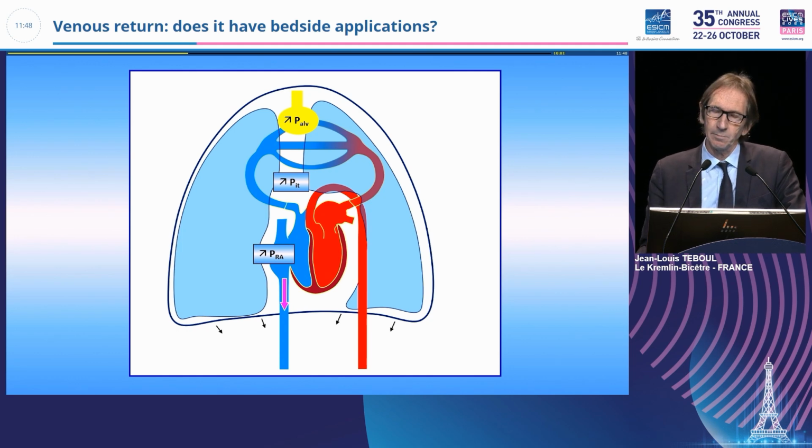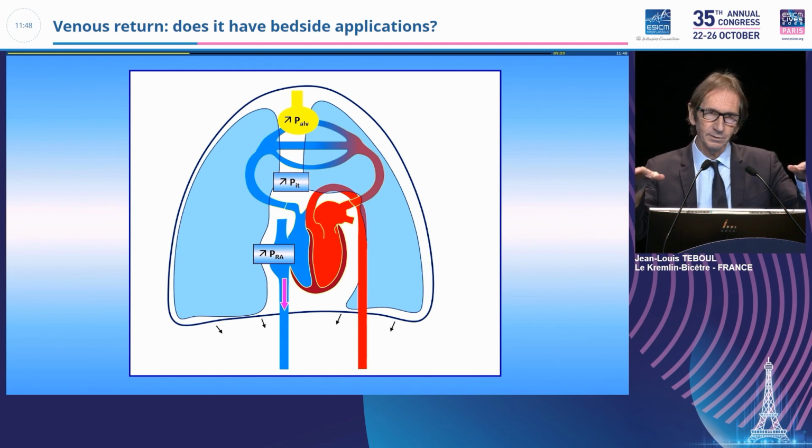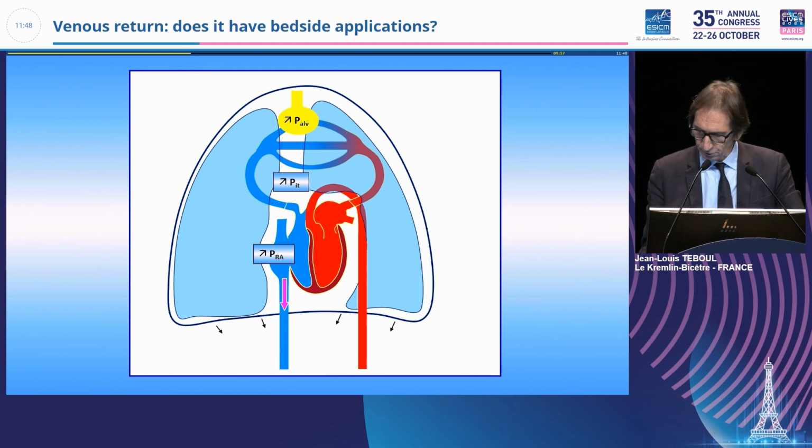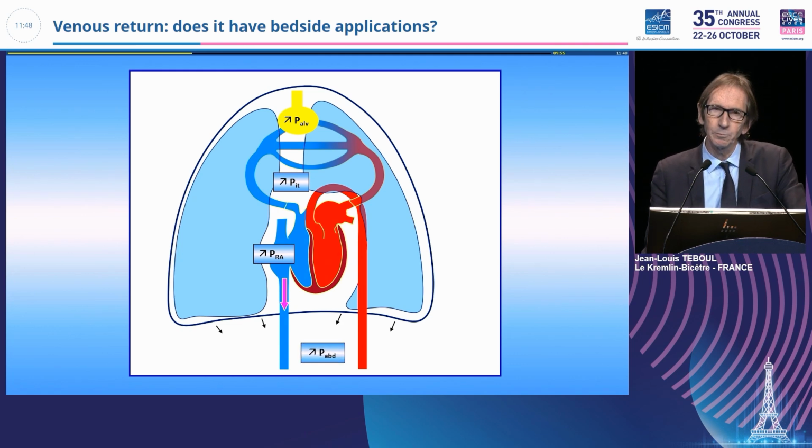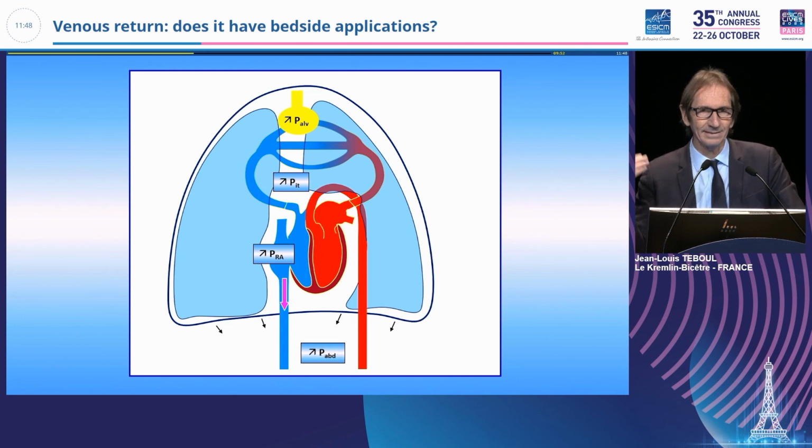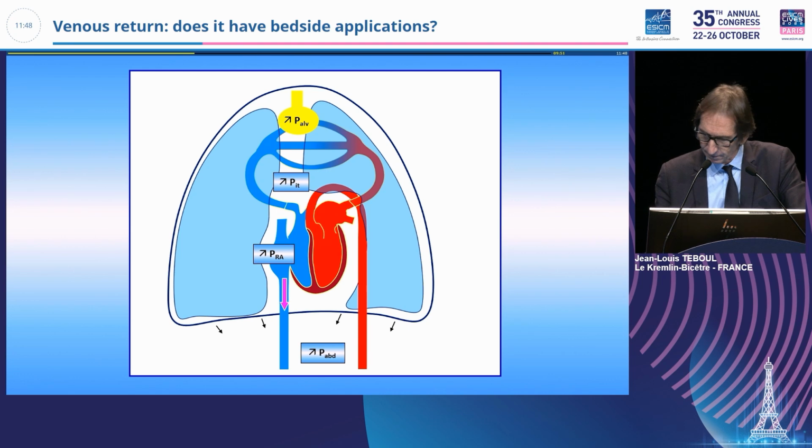At the same time, we have a descent of the diaphragm, and therefore this should increase the abdominal pressure, but less than the increase in intrathoracic pressure. And this should increase the mean systemic pressure.